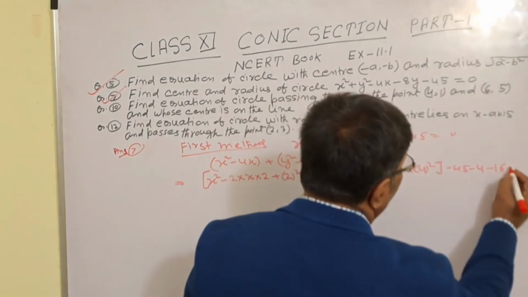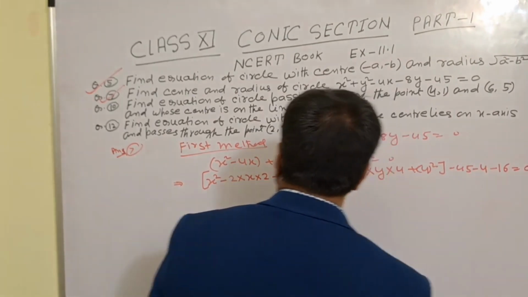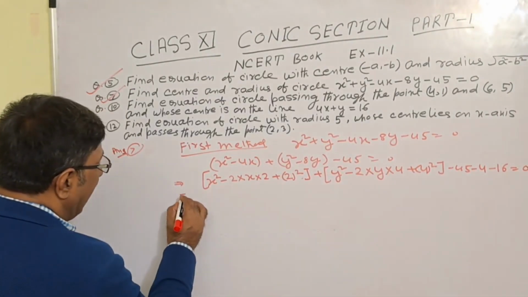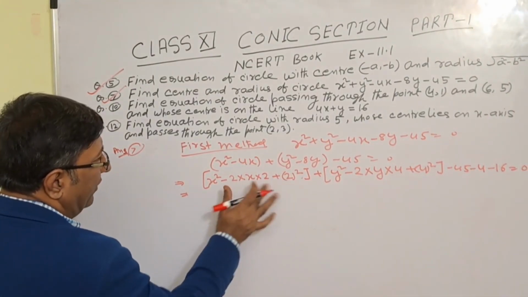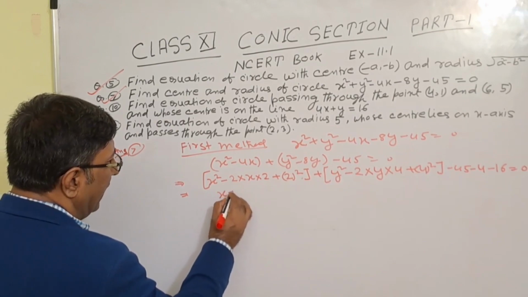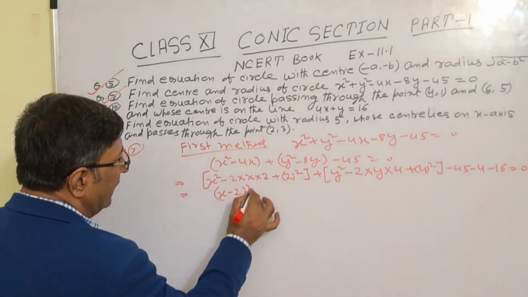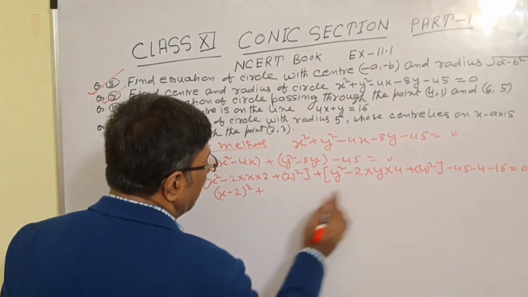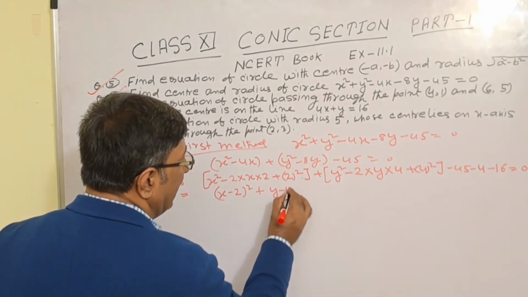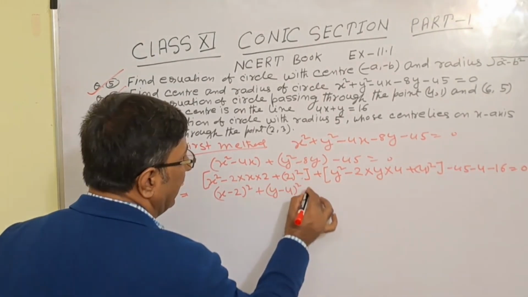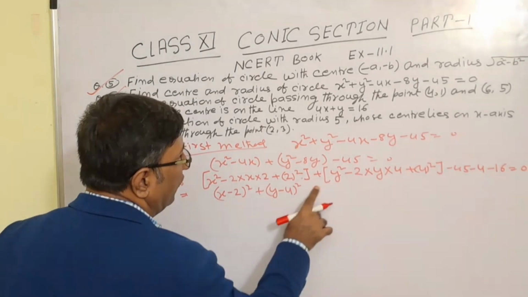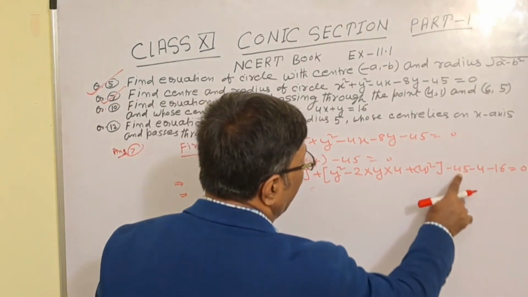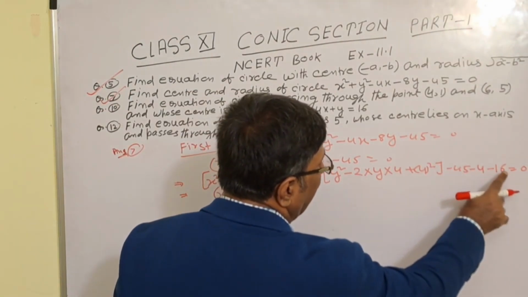And now this is equal to what? 0. So we can write this whole expression as (x − 2)² plus, from this to this, we can write (y − 4)². And this is minus 45, minus 4, minus 16.